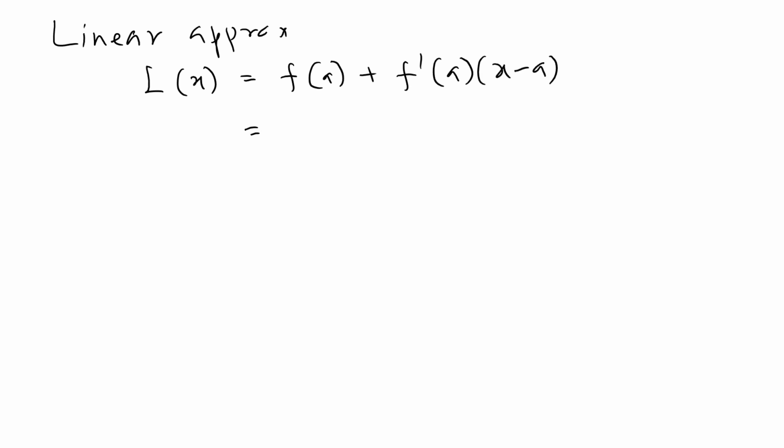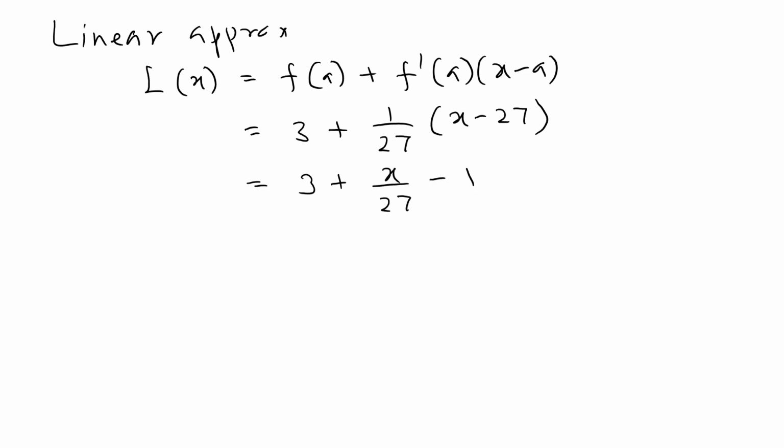We plug in here: you get 3 plus 1 over 27 times (x minus 27). Then we distribute and simplify: 3 plus x over 27, minus 1 because negative 27 over 27 is negative 1, and if you simplify, you get 2 plus x over 27. That is the linear approximation for this one.